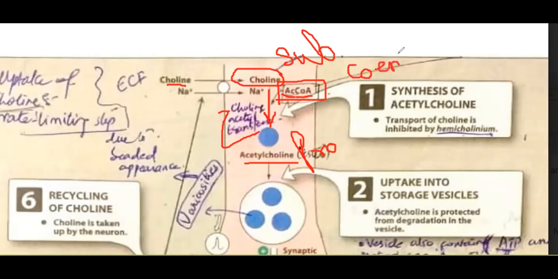This choline acetyl transferase is an enzyme, so the enzyme is the main thing that is doing its work, and the coenzyme is what is helping the enzyme to perform its action completely. So this is the difference.